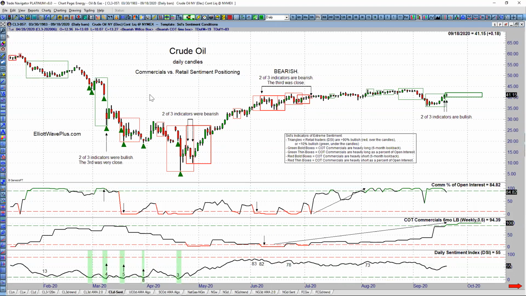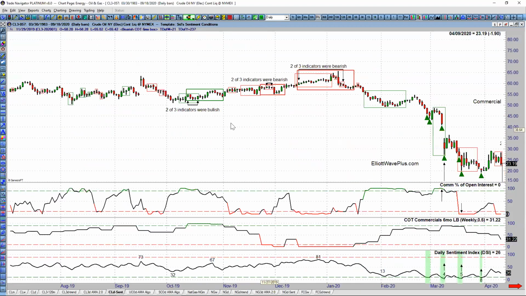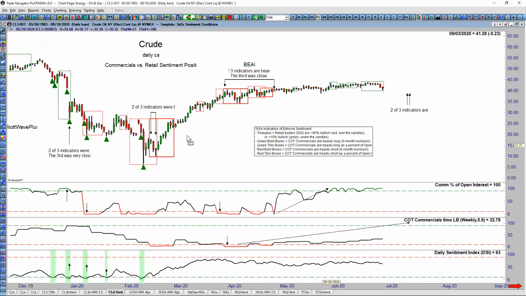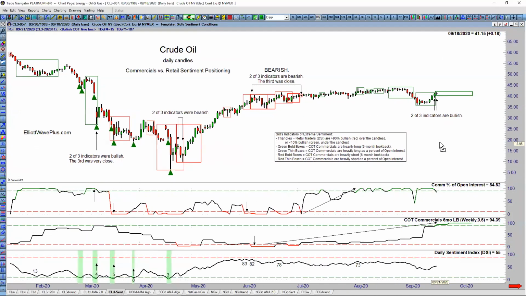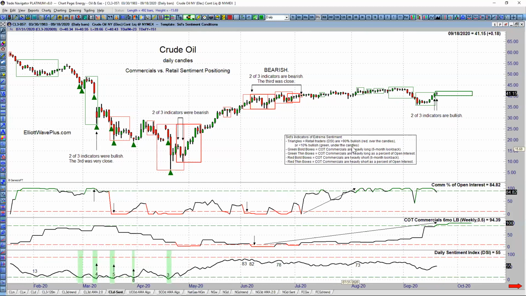It's the first time we've seen that since mid-October of 2019. As you can see, there was a bullish move up out of that condition. So we're getting it again here. Yeah, could move higher.